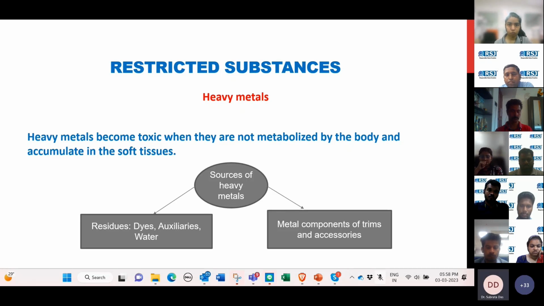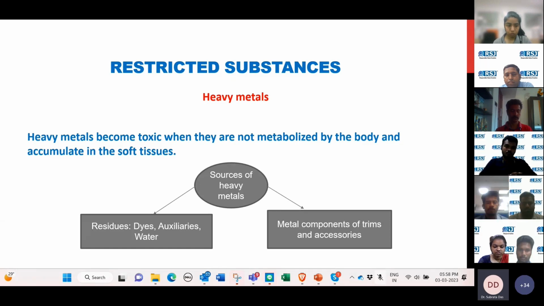They are found in children's garments in the form of metallic buttons, and in the form of dyes also. Some dyes contain lead and cadmium. Auxiliaries may contain them too. Many trims and accessories which are used contain heavy metals.